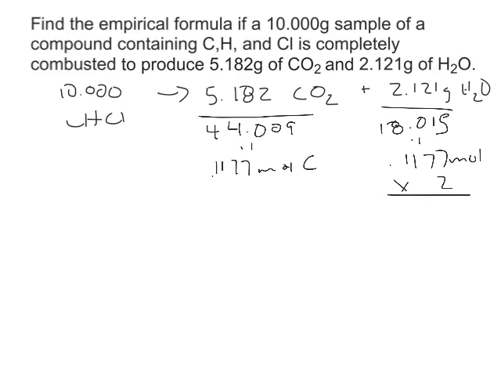Multiply that by 2 to get my hydrogen, so 0.2354 moles hydrogen. Okay, like I said, this one is not going to cause any differences because we've got 2 of the 3 things. Now we can solve by subtraction just like we did before.